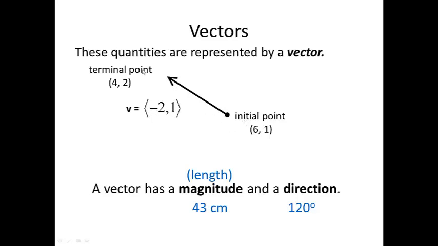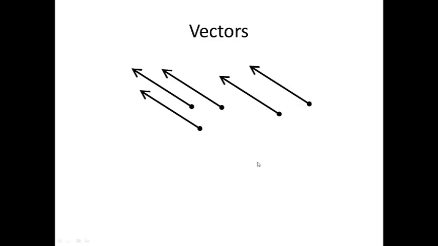It goes from 6 to 4, so it went 2 to the left, and then it went from 1 to 2, so it went up by 1. From 6 to 4, you go to a -2. All right, so that's how we do that.